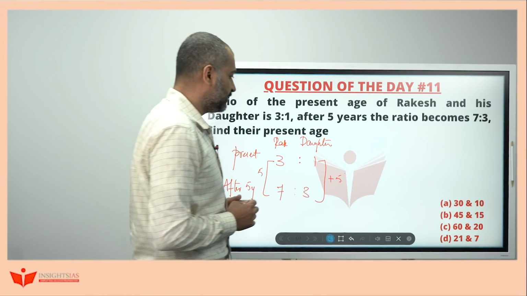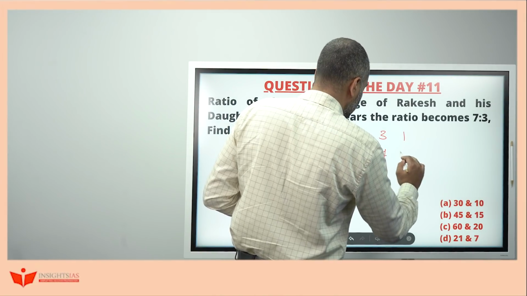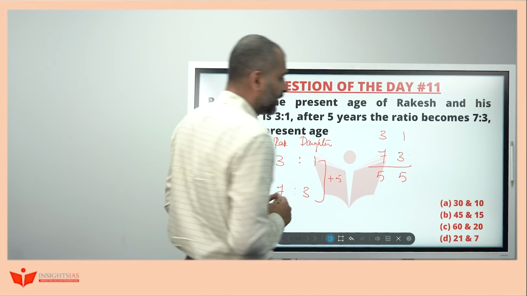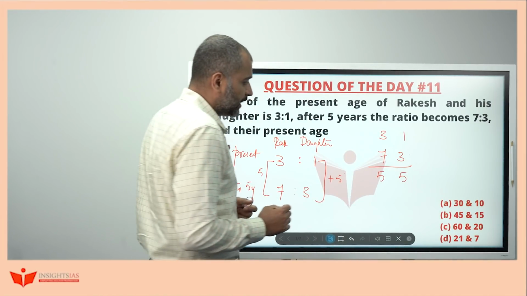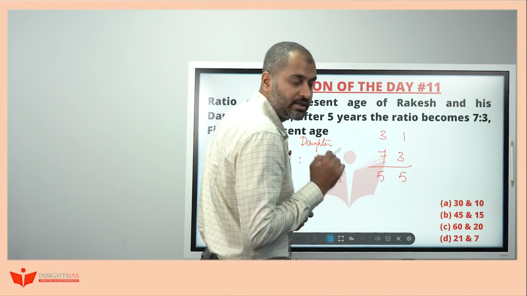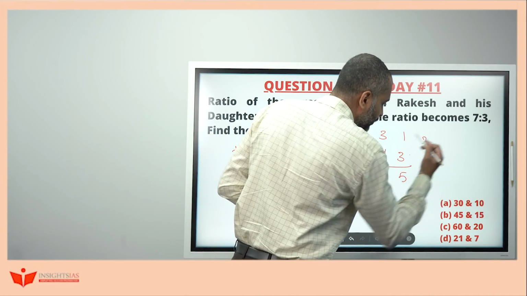Let's apply the CPM here. 3:1 became 7:3 because of the addition of 5 for both, isn't it? Now, look here, 3 into 3 is 9, 7 into 1 is 7. Difference is 2.